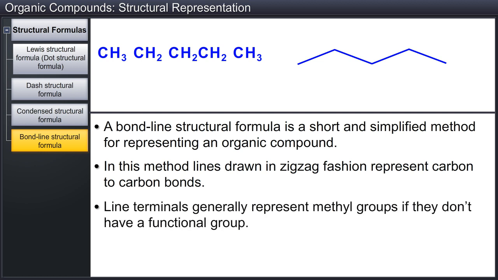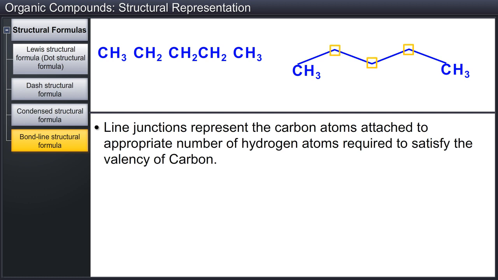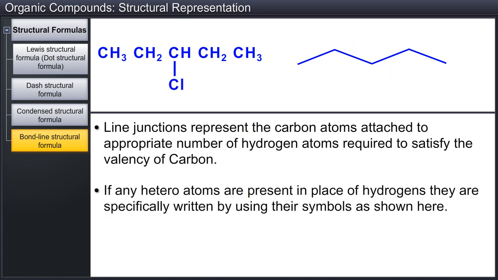Line terminals generally represent methyl groups if they don't have a functional group, whereas the line junctions represent the carbon atoms attached to the appropriate number of hydrogen atoms required to satisfy the valency of carbon. If any heteroatoms are present in place of hydrogens, they are specifically written by using their symbols as shown here.